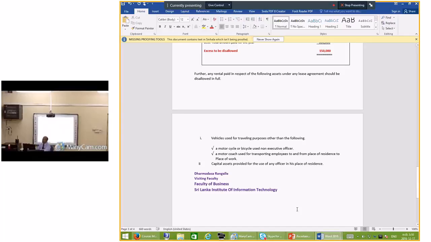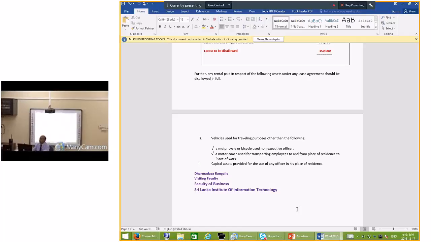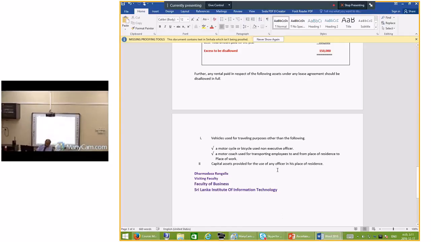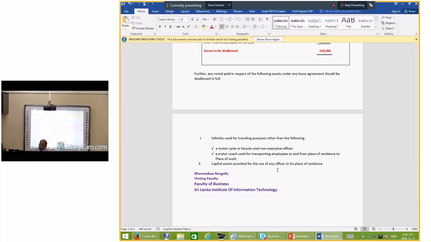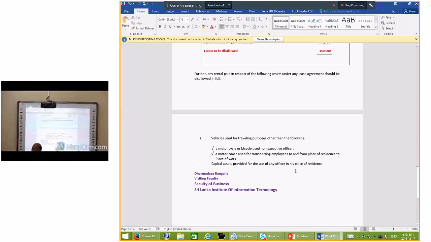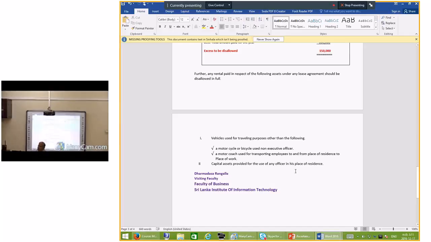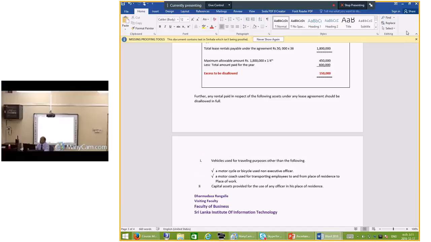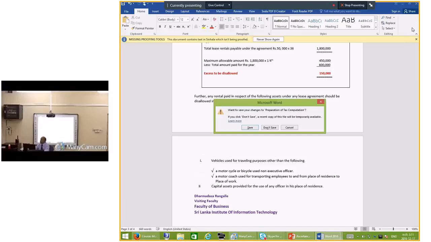We explained that the other day. Again, if any vehicle is used for a traveling purpose, we are not allowing capital allowances, so we do not compute the profit from trade. Why? Because we have not allowed the capital allowances, right? That type of profit we normally treat as a capital gain, right? That document also you have to read and understand.